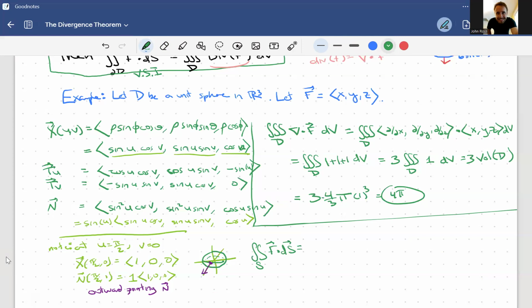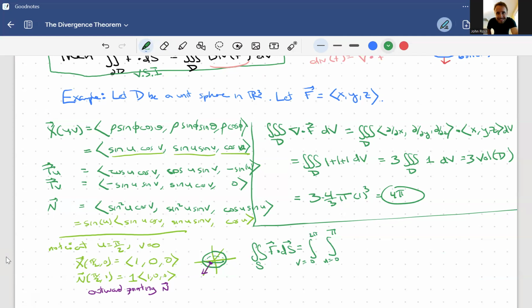So a vector surface integral, but it's really going to be an integral as v goes from 0 to 2 pi, and as u goes from 0 to pi. So I should just write these in to keep track of which is which. U is my current coordinate for phi. So it just goes from 0 to pi.